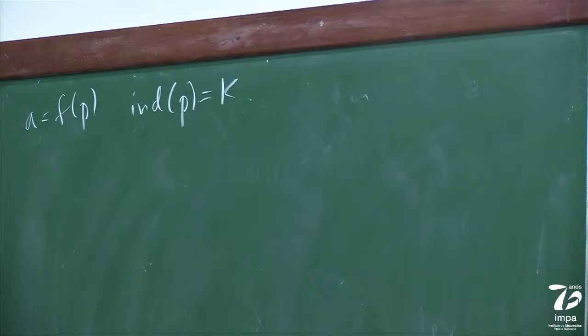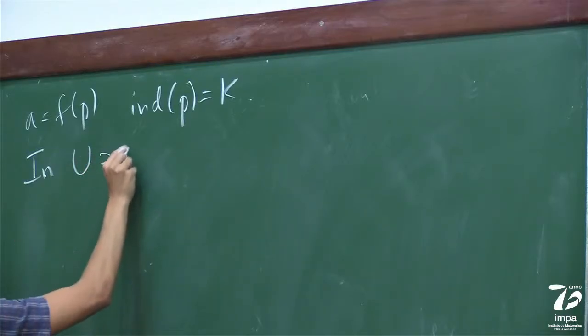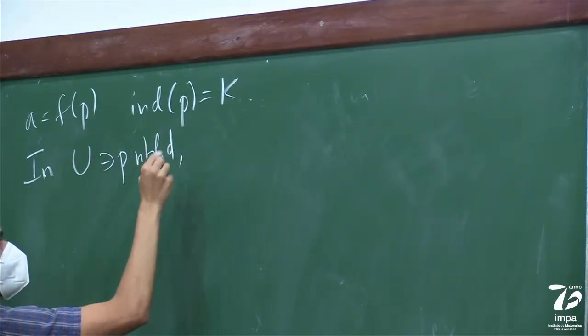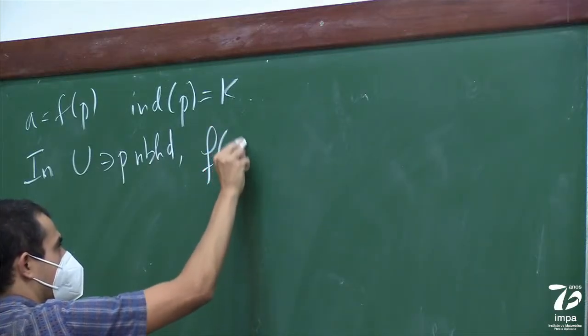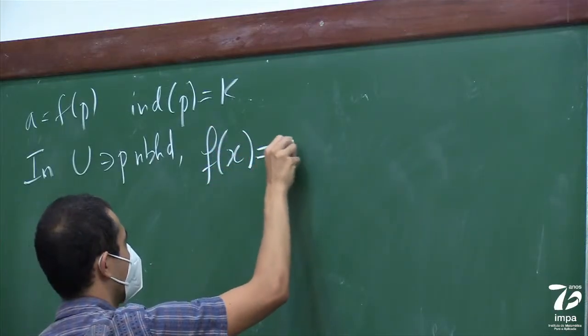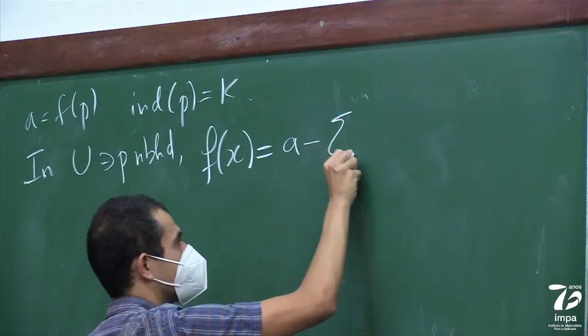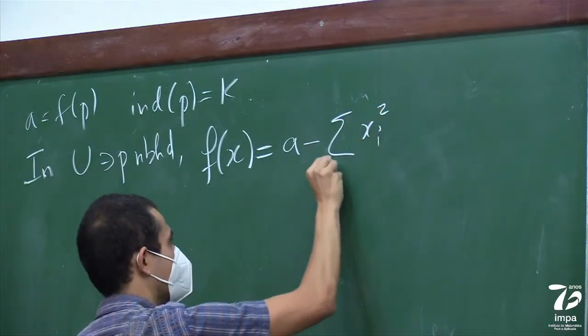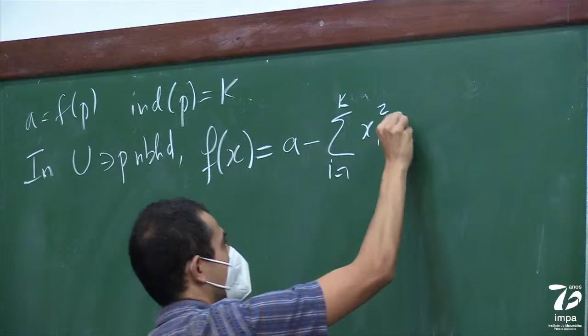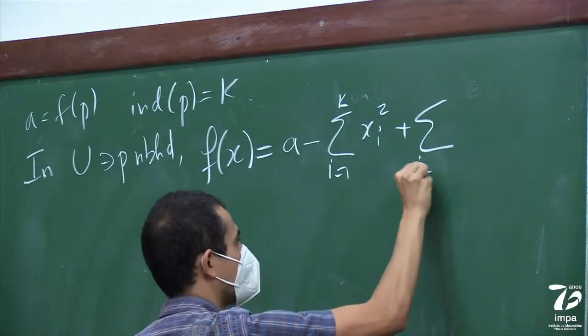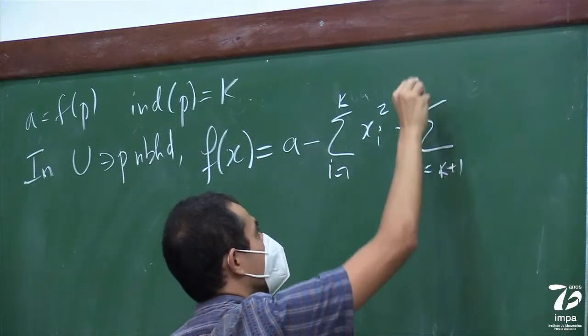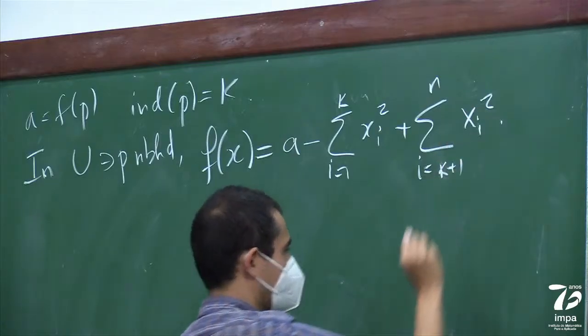So that means that in some neighborhood U, we can write f like this. f of x is equal to a minus the sum of x_i squared from i equals 1 to k, plus the sum from i equals k plus 1 to n of x_i squared.